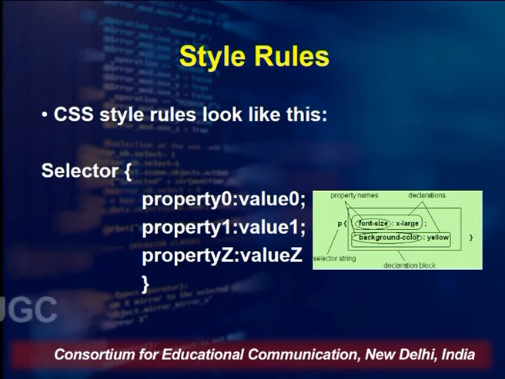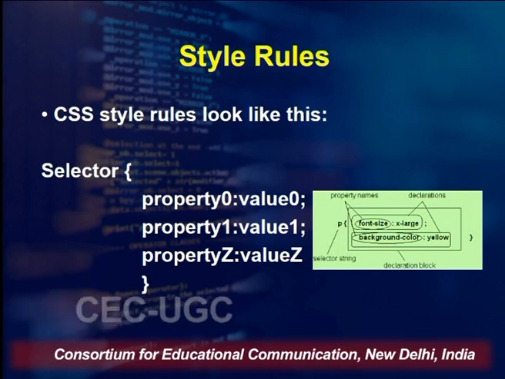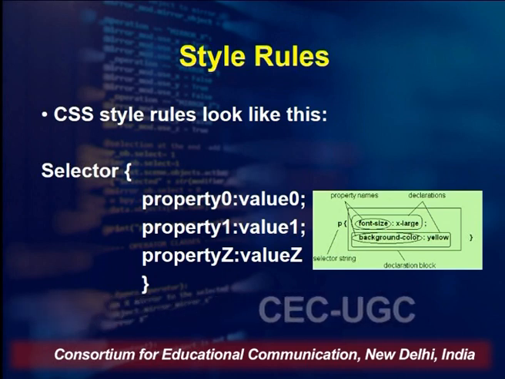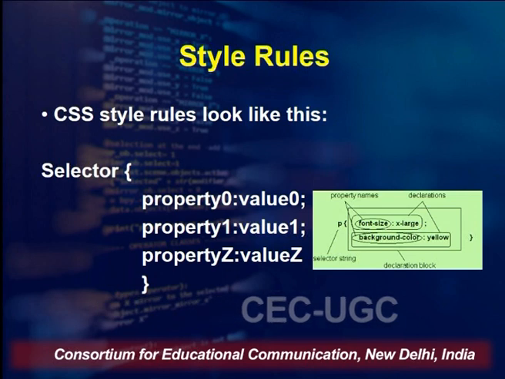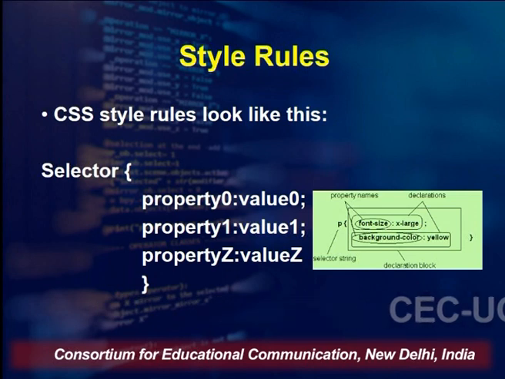For the same element you can give more than one property also, like first a font size for a paragraph, and then another property for the same tag like background color, and you can separate these by a semicolon. So this is a simple way of defining the style rule in your HTML page.